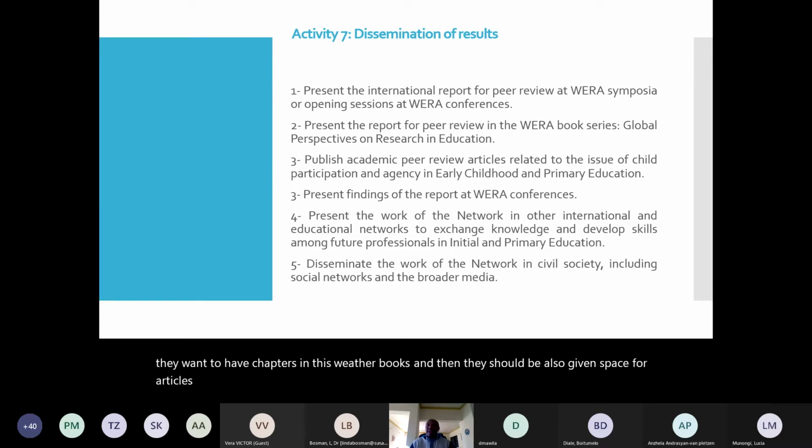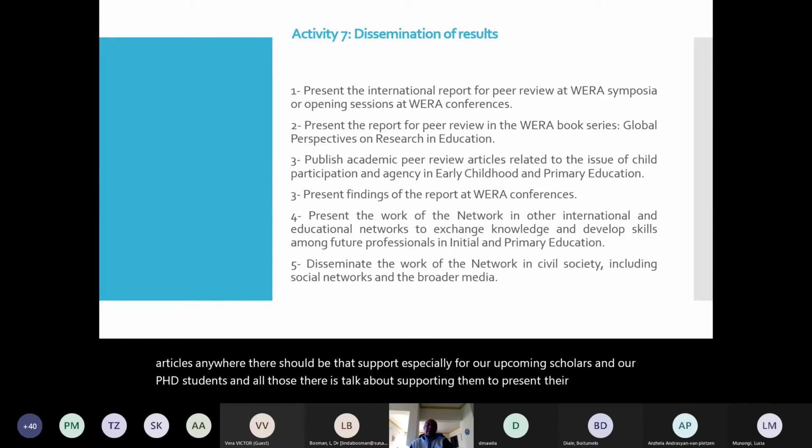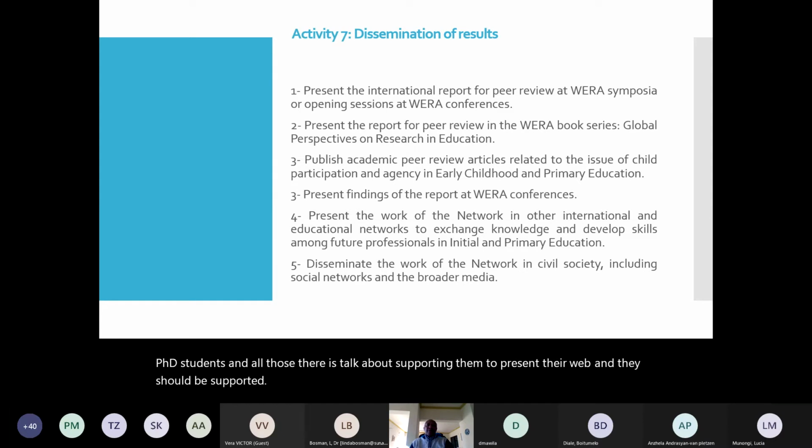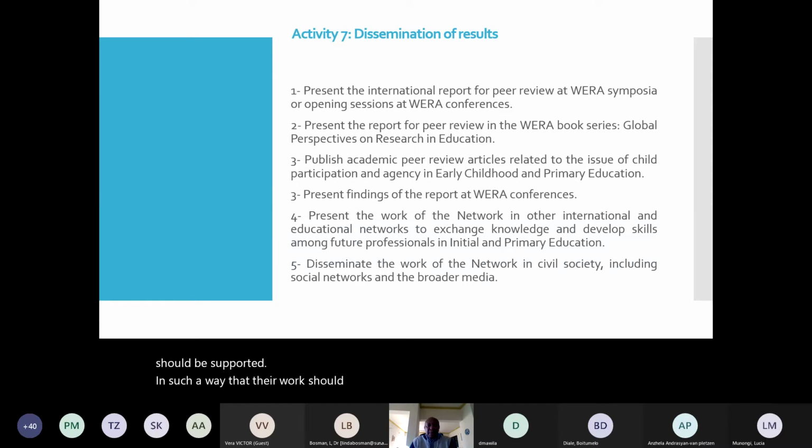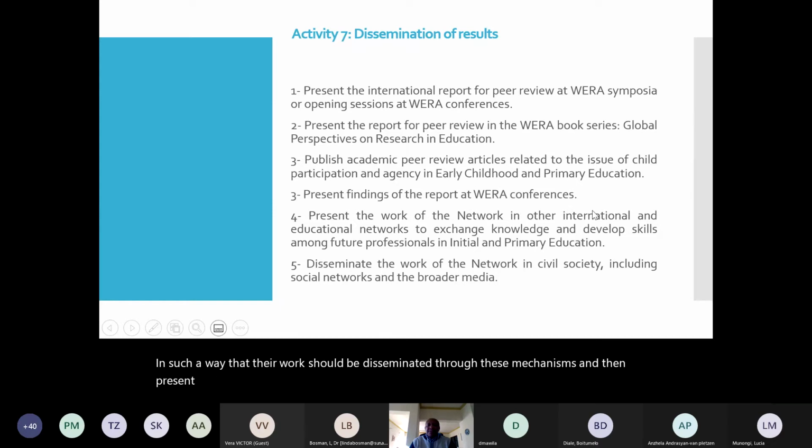There should be that support, especially for our upcoming scholars, our PhD students and all those. There is talk about supporting them to present their work, and they should be supported in such a way that their work should be disseminated through these mechanisms. And then present findings of the report at Vera conferences. Those of us who could be able to go, it would be really interesting.